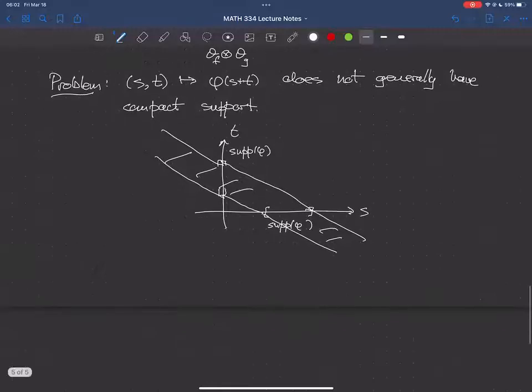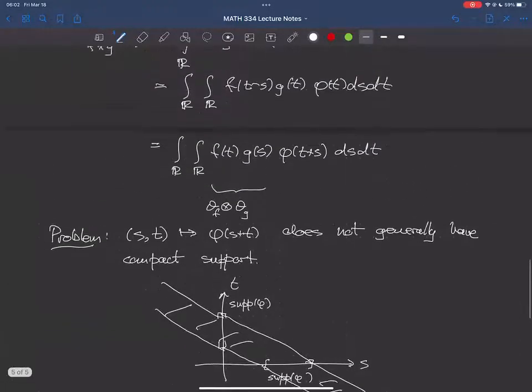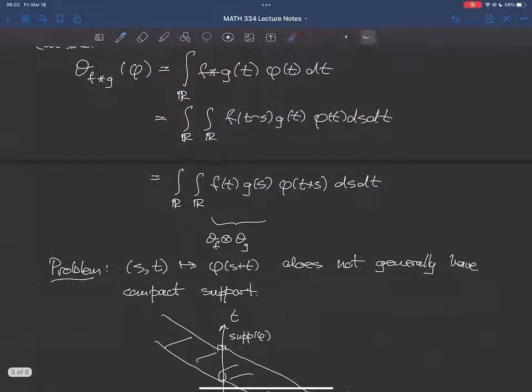So if you're going to use a formula like this to motivate your construction of the convolution of two distributions by how they act on a test signal, you're going to need some additional stuff to ensure that the construction makes sense. There are various ways of doing that, and we're going to look at one way, but you need some compatibility conditions on the two distributions.